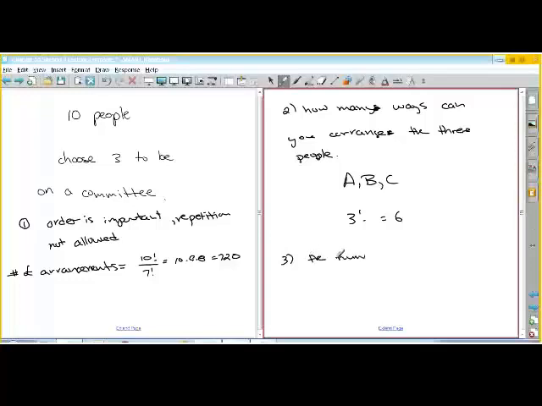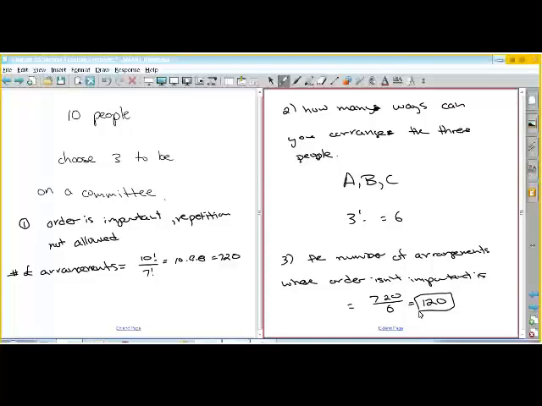So the number of arrangements where order isn't important is 720 divided by 6, which is 120.